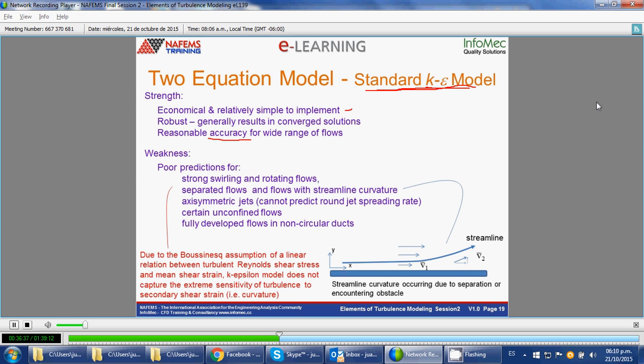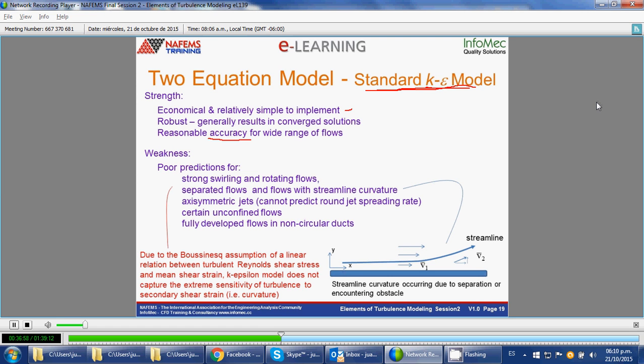So where we have a problem is where we have, for example, strong swirling and rotating flows, or separated flows with flow curvature. You can see the streamline curvature occurs due to the separation.